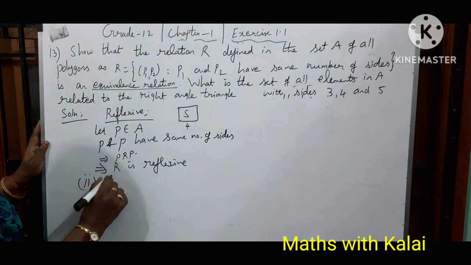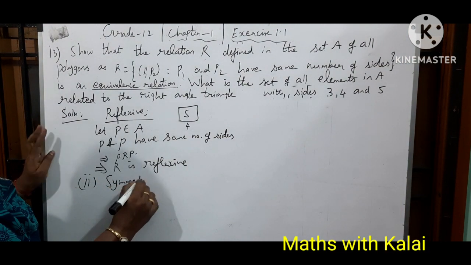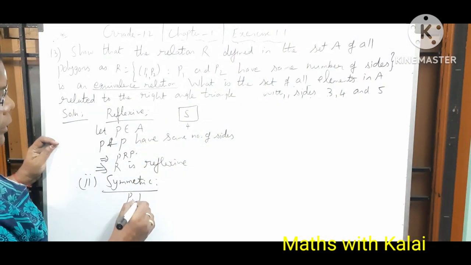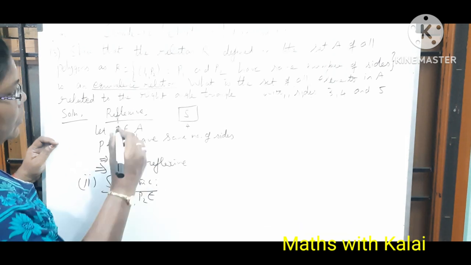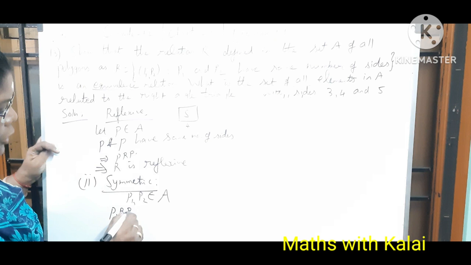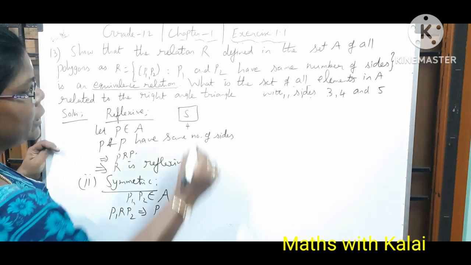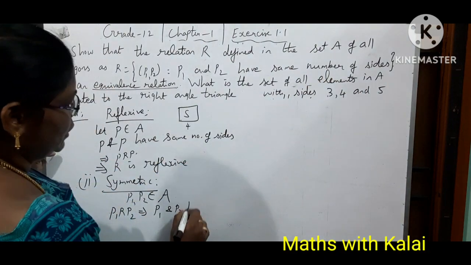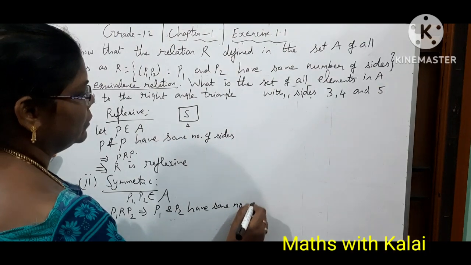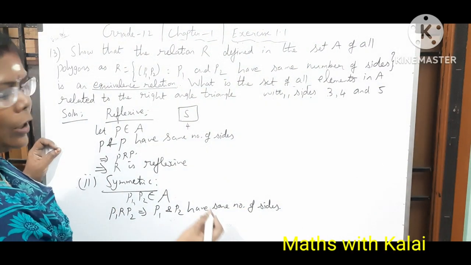The second part is for the symmetric nature. Here we need to consider two polygons. Assume that P1 and P2 belong to set A, and assume that P1 is related to P2. If P1 is related to P2, which implies P1 and P2, as per this condition, have the same number of sides.